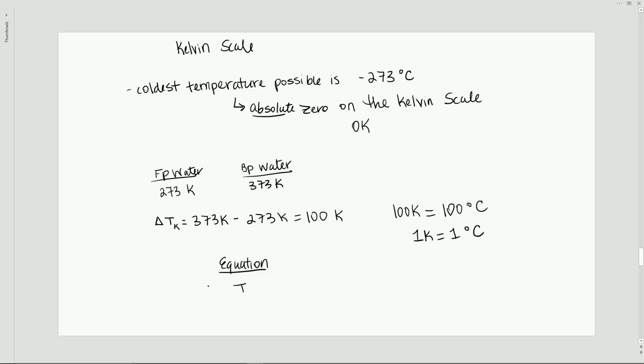So the temperature in Kelvin is equal to the temperature in Celsius plus 273. And this is because we know our freezing point of water is 273 Kelvin, so we're just accounting for the freezing point. Okay? So this is our equation to convert from Celsius to Kelvin.